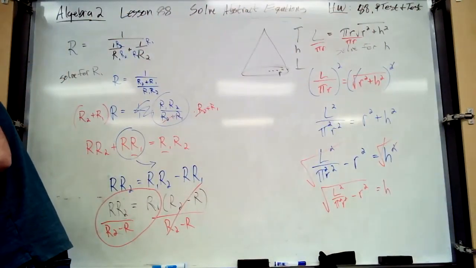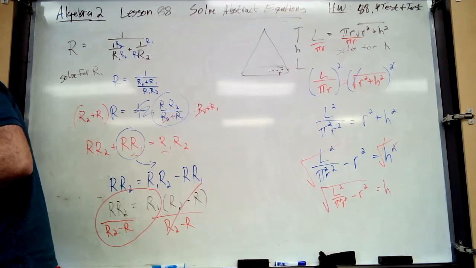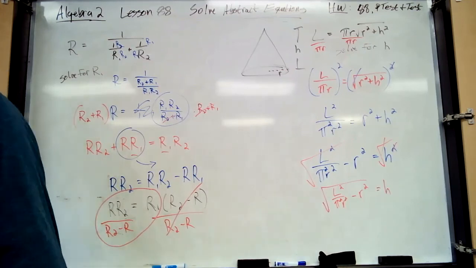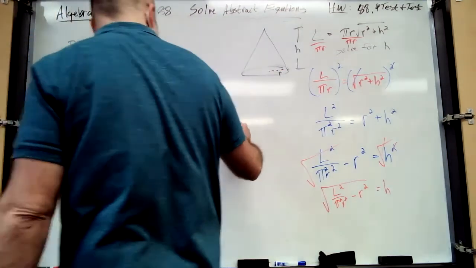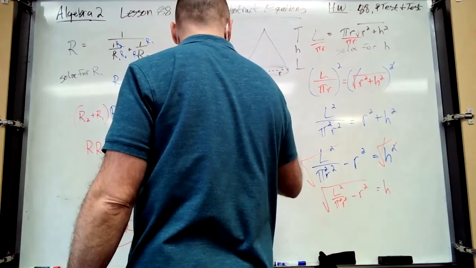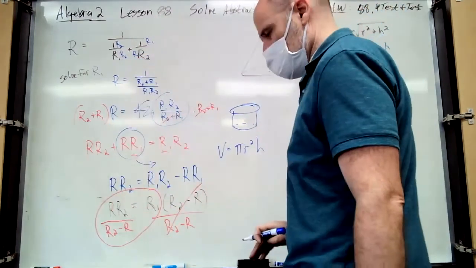Yeah, and then there's one more application for a cylinder, aquarium, same kind of thing. I'm just going to do it real quick. Volume of a cylinder is just pi r squared h. That's the volume of a cylinder.